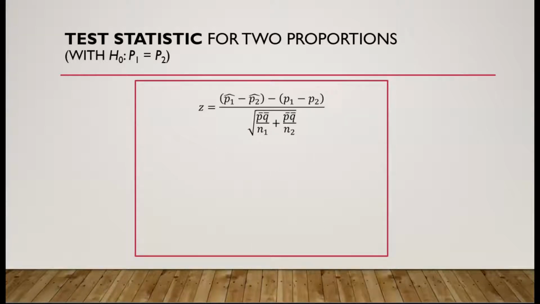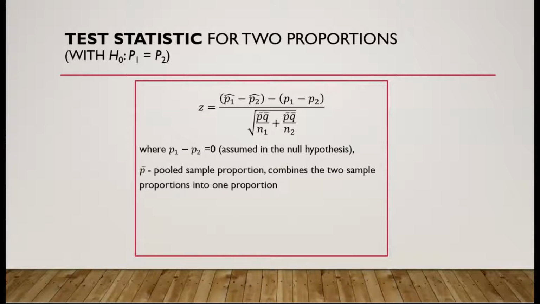Z is equal to the difference between sample proportions minus the difference between population proportions, divided by the square root of p bar times q bar divided by n1, the total values in the first sample, plus p bar times q bar divided by n2, the total values in the second sample, where the difference between two population proportions is assumed to be 0. This is our null hypothesis.